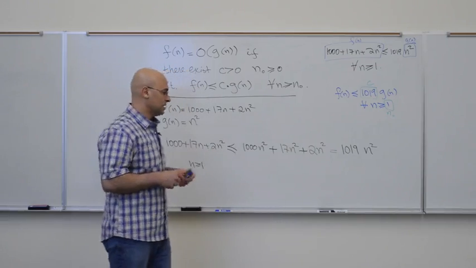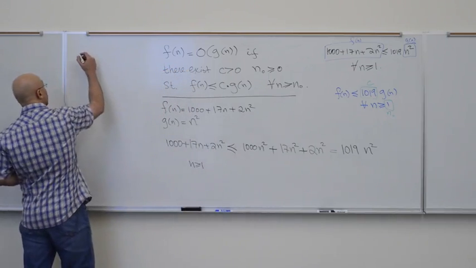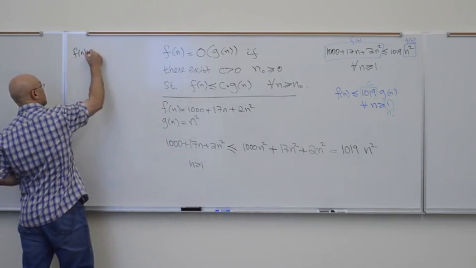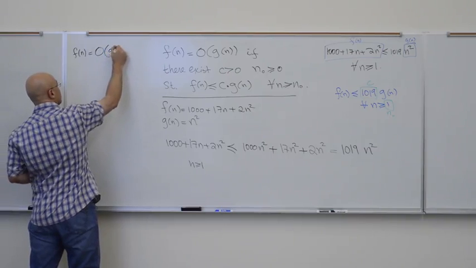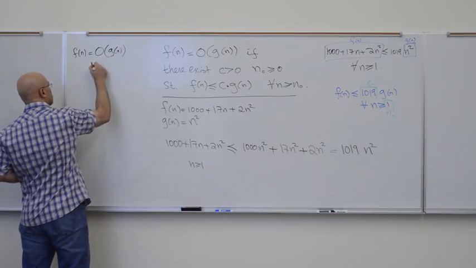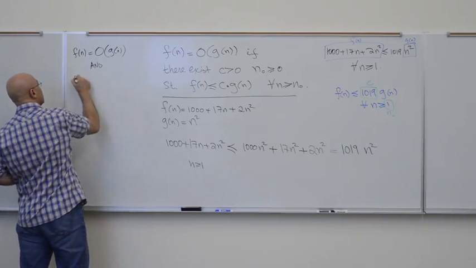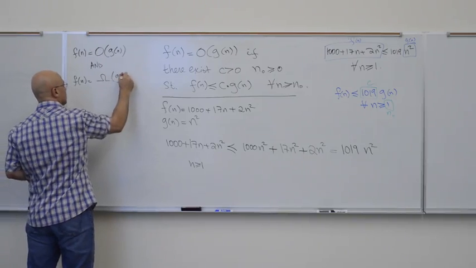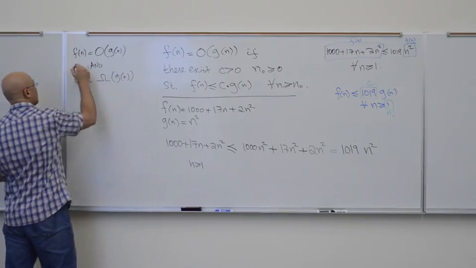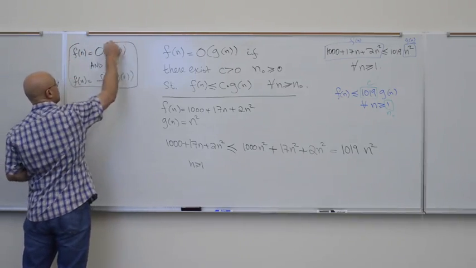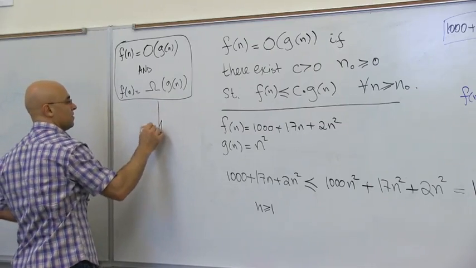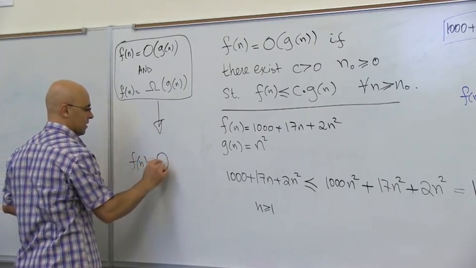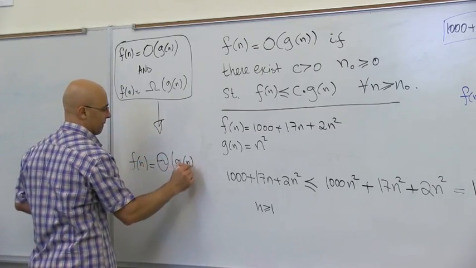Because it's easy to see that if f of n is big O of g of n, and f of n is omega of g of n, you can conclude from these two that f of n is theta of g of n.